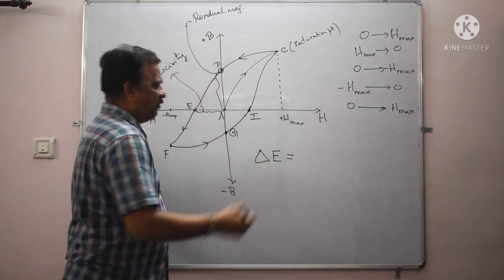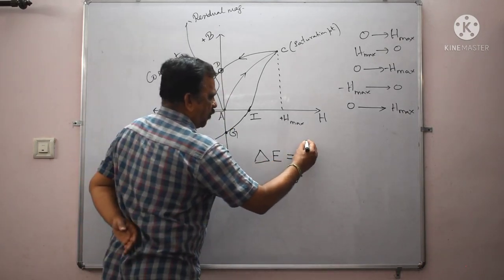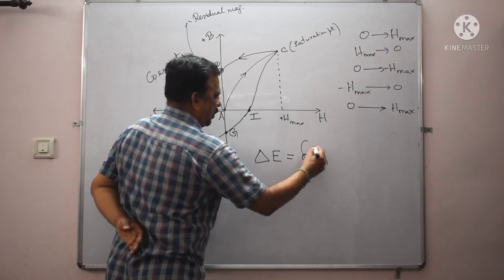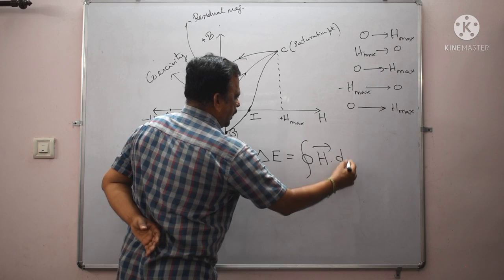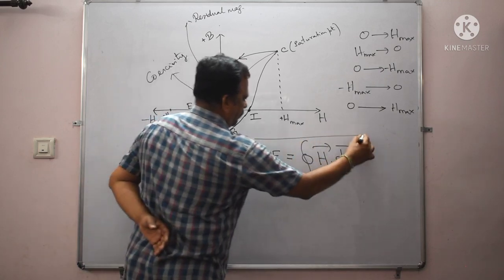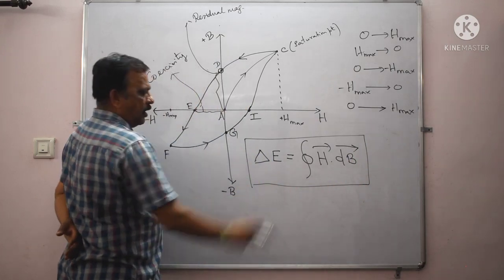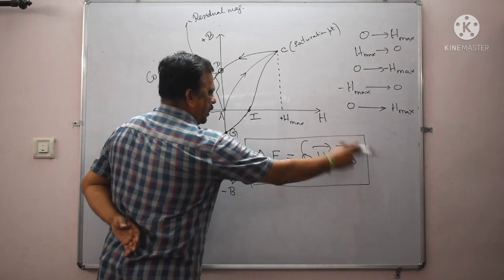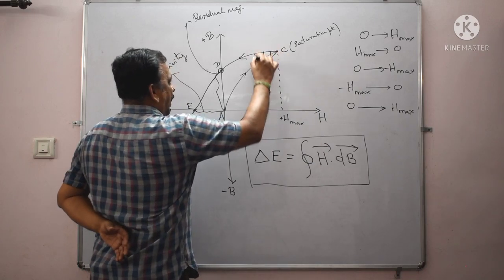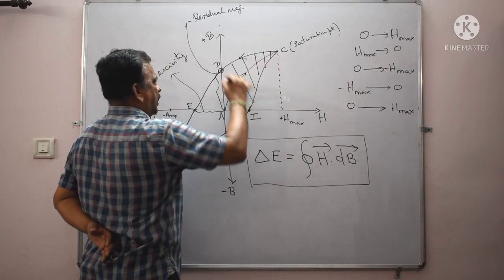Okay, so the loss of energy in the form of heat is given by the formula closed integral H vector dot dB vector. And the numerical answer I am going to get after integrating this term will be equal to the area of the hysteresis curve.